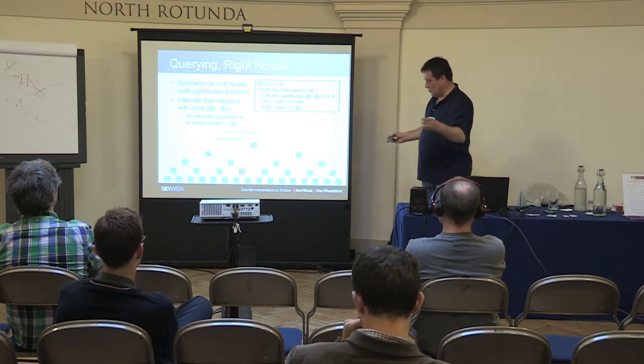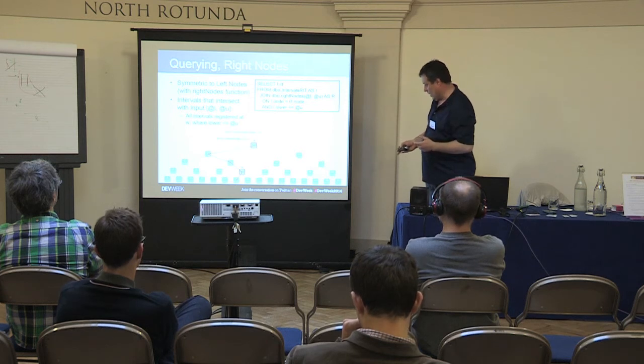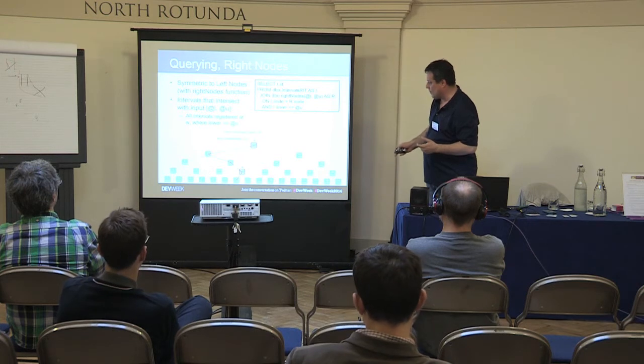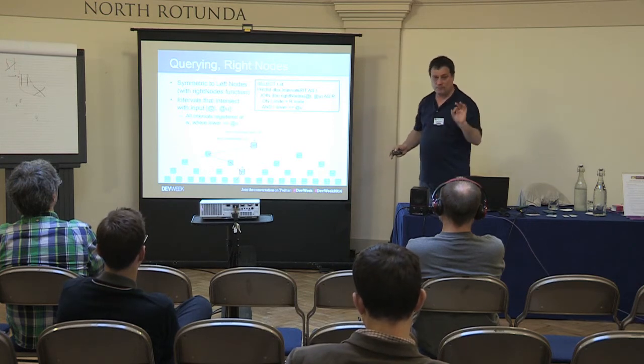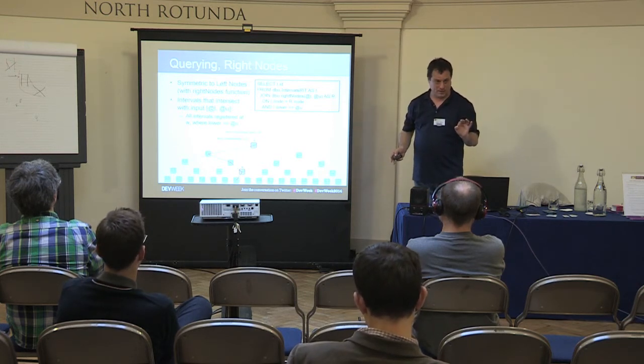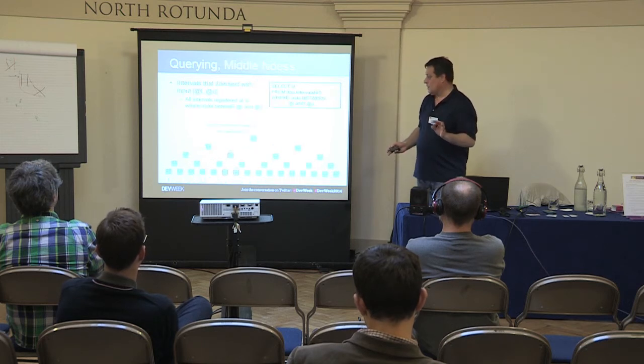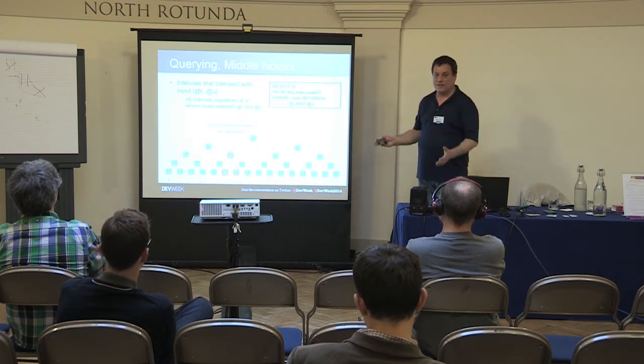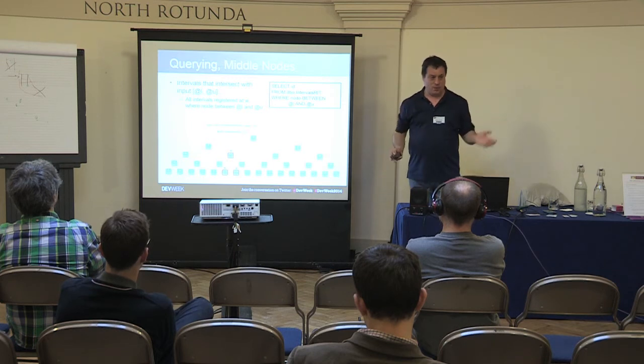But then imagine that my search interval is very long. So let's say my right nodes would be here, my left nodes here. Then I definitely have some middle nodes that are fully covered by my search node. And these middle nodes definitely overlap with my interval without any need for an additional check.